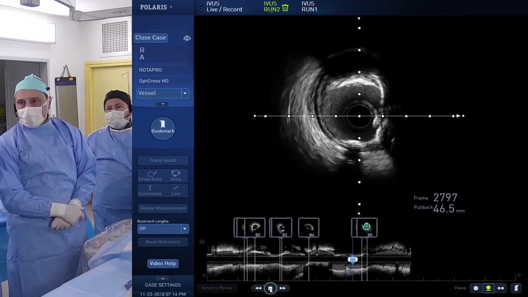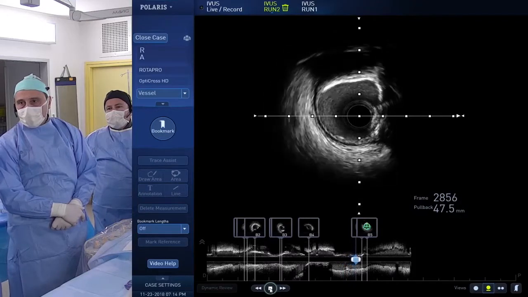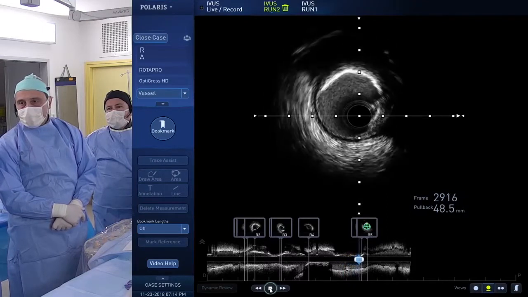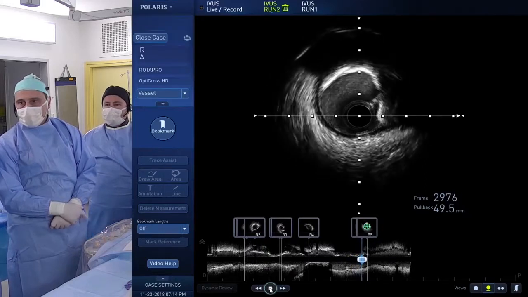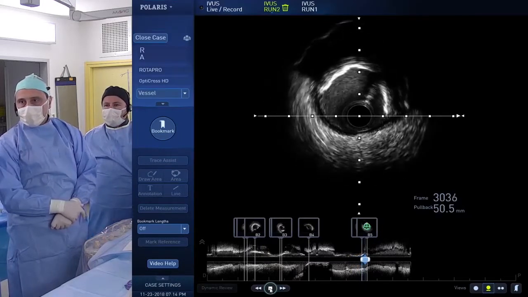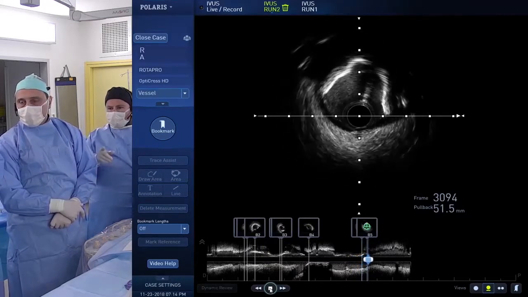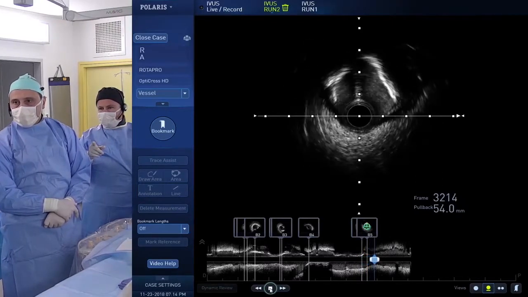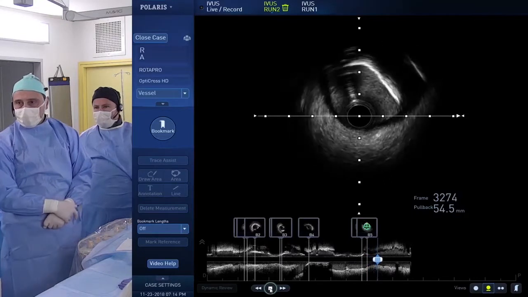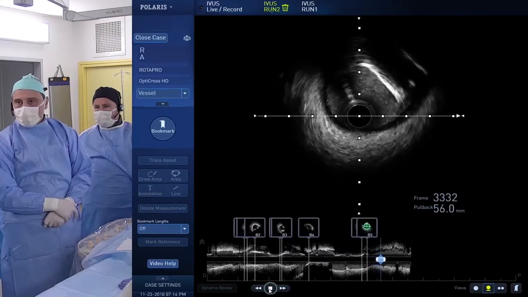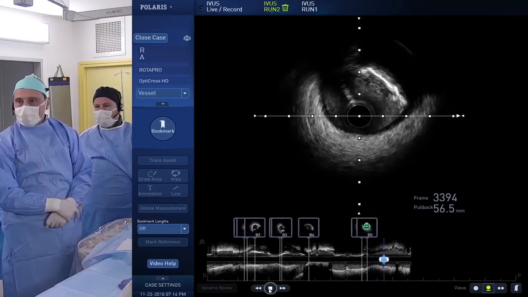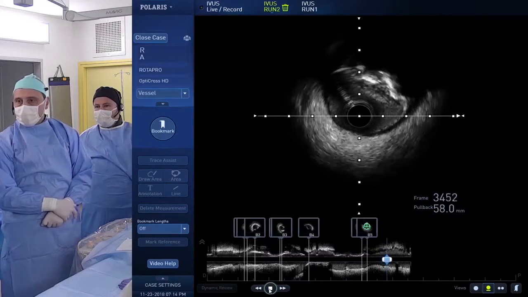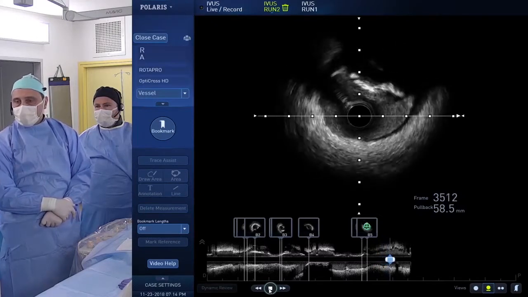I guess we are approaching the ostium of the LAD. I still didn't see the circumflex coming in. That might be the circumflex, right? I think this is still the proximal LAD, and maybe after we will see the... Yes, but there is no discussion that this is a diffusely diseased and calcified LAD all the way down.